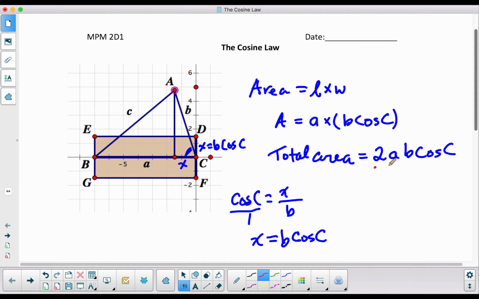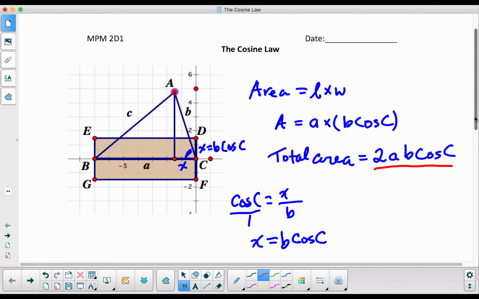And this is the missing area by shrinking this angle c. If we shrink this angle c, it makes the c squared smaller. And so how much smaller does it get? It gets smaller by this amount, 2ab cosine c.